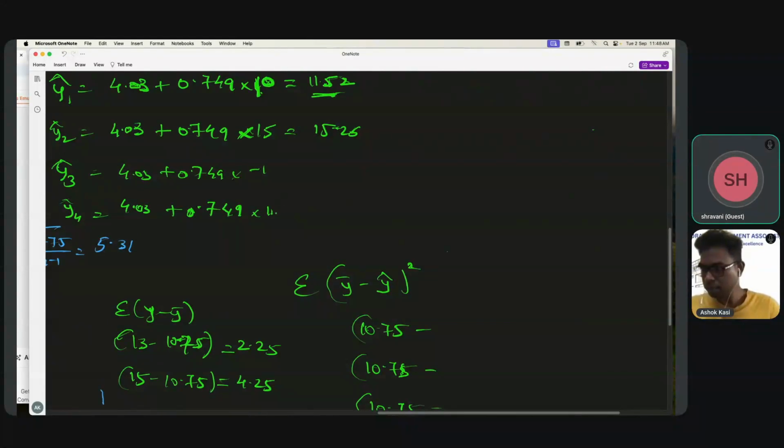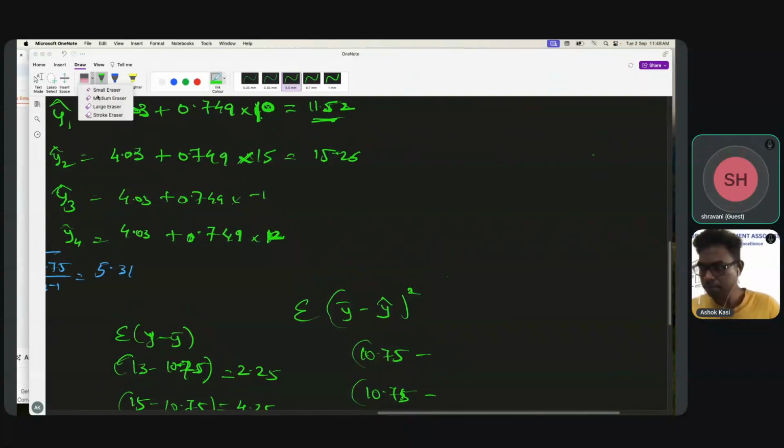The predicted value is 3.28. Okay. And for 12, 13.0. Yeah. Okay.